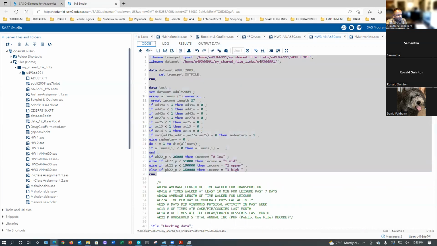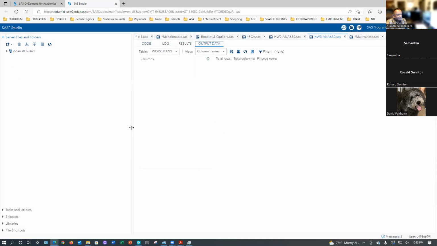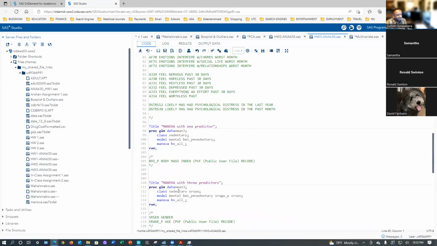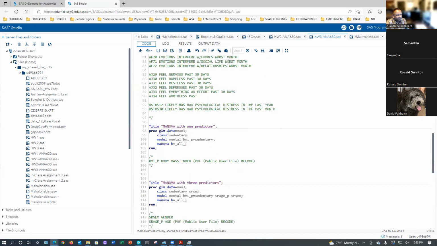Okay, that test. Yeah, that data. That's a BMI. Do we have a BMI? Test. Inside the test, we have that BMI. And 3 sedentary.